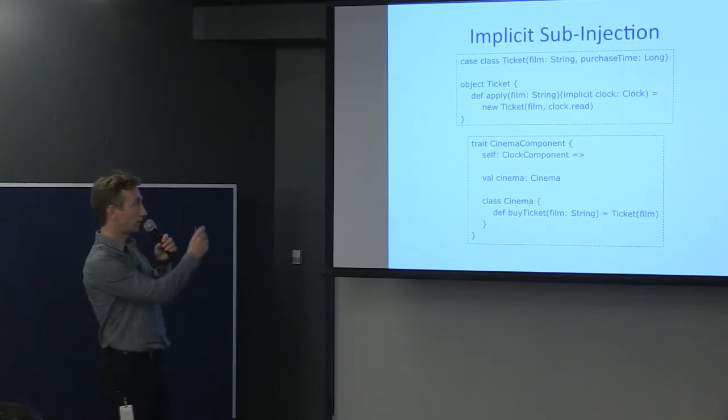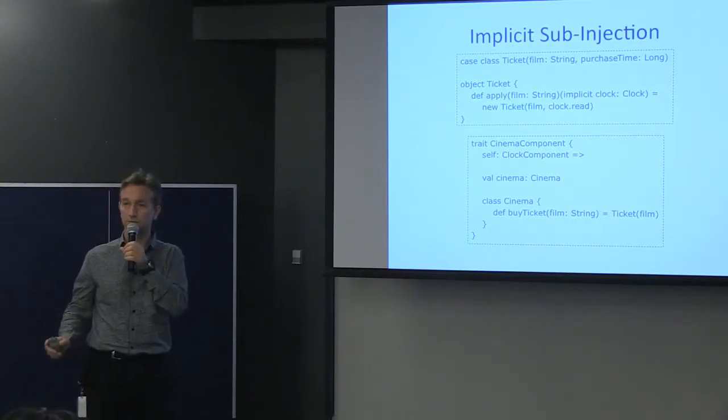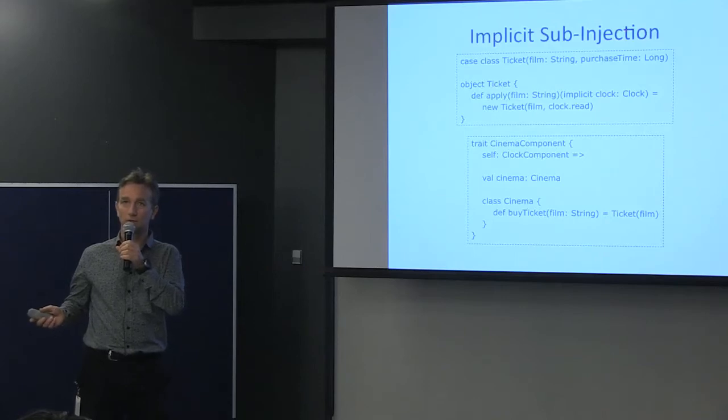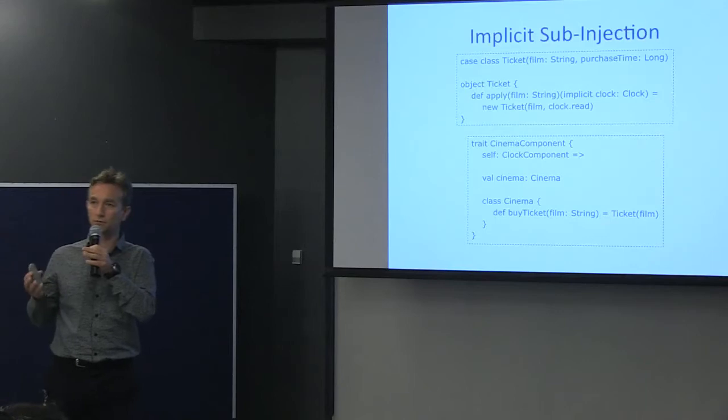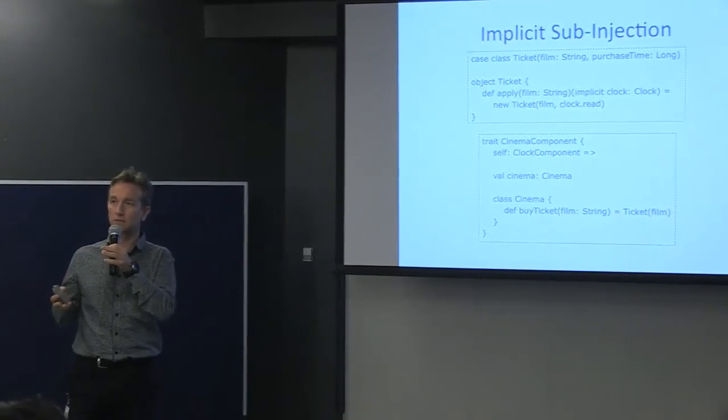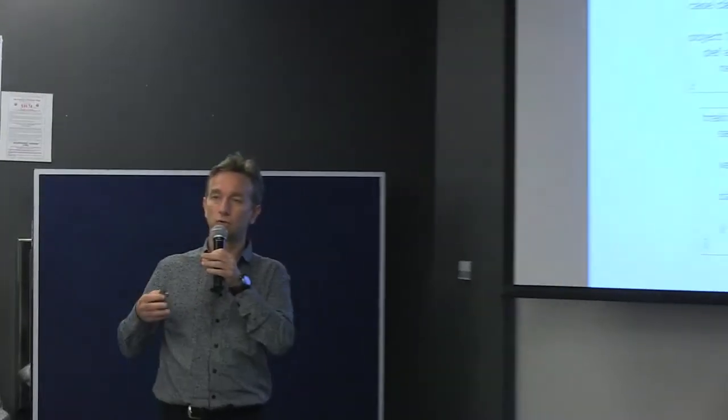But this way, because clock is a relatively simple object, it doesn't need to be encapsulated in a component. The only reason to keep it in a component in the first place is so that you're forcing people to use that particular object within the cake pattern for a good reason. But in this case, there isn't a good reason.